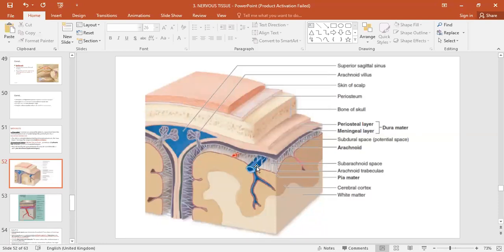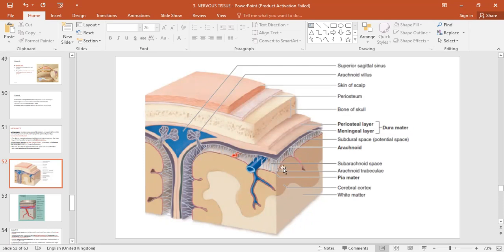Okay. Next to the arachnoid mater is the pia mater. The pia mater is the softest or weakest of all meninges, and is always attached to the surface of the brain, the one in red here. That is the pia mater. Between pia mater and arachnoid is the space known as subarachnoid space.